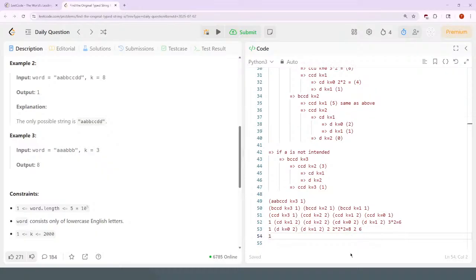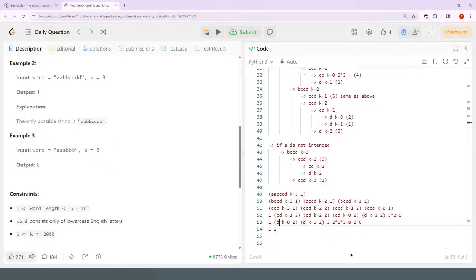So for K, this ends up being 2 right there. No, it's 2 times 2 is 4. And then D is 1, K is 1, or D, K is 1, so that ends up being the same. So 2 times 2 is 4. No, 1 times 2.